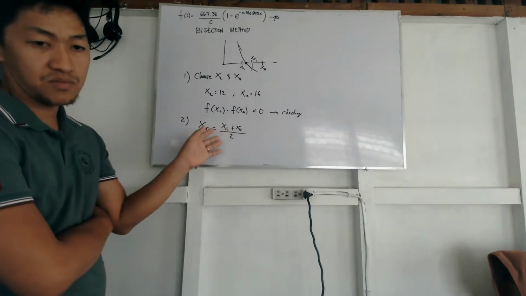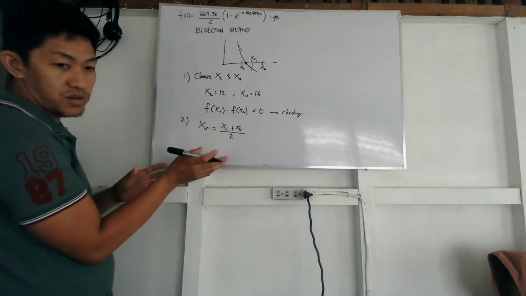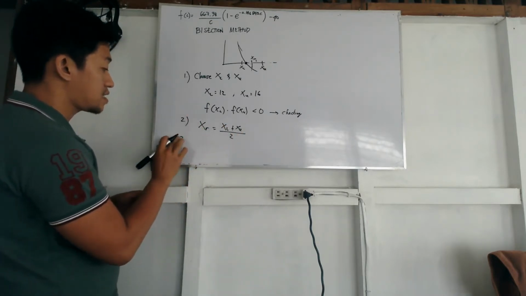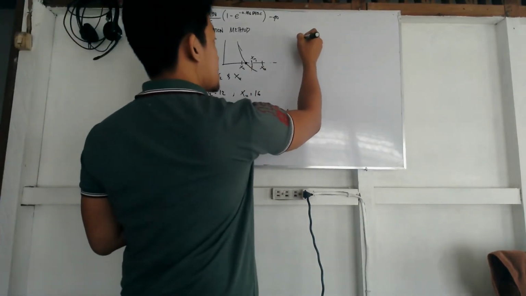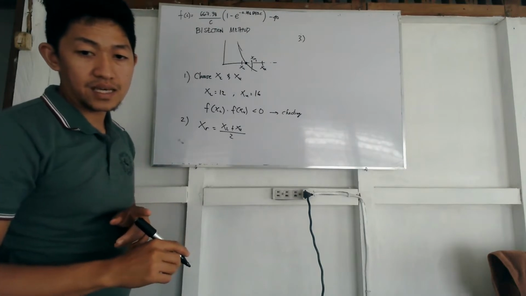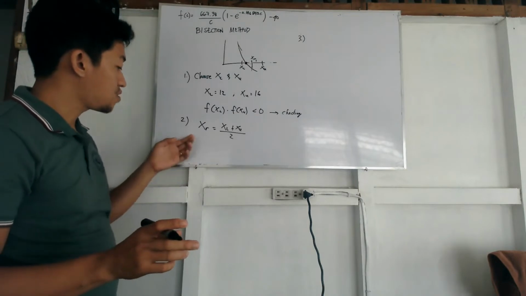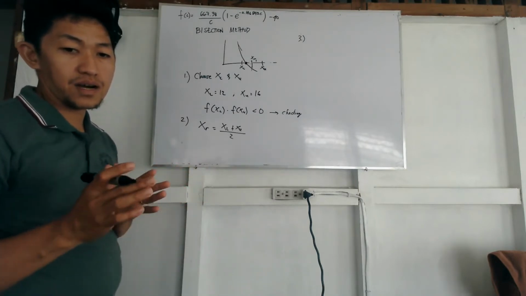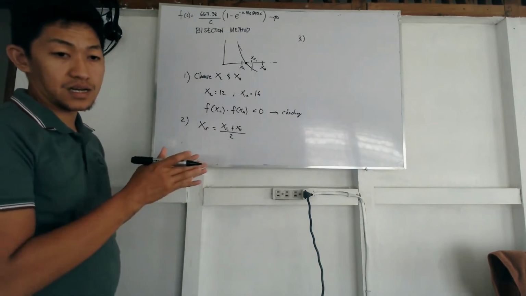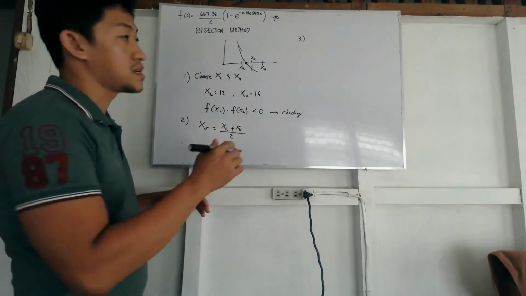So you assume that the location of your root is at the middle of this interval. The third step, which we discussed earlier, is to evaluate which half or subinterval your root belongs to.